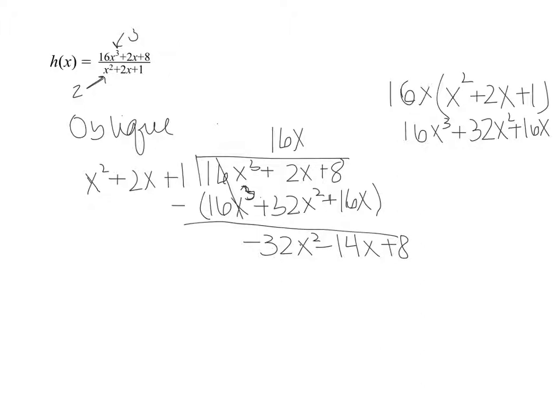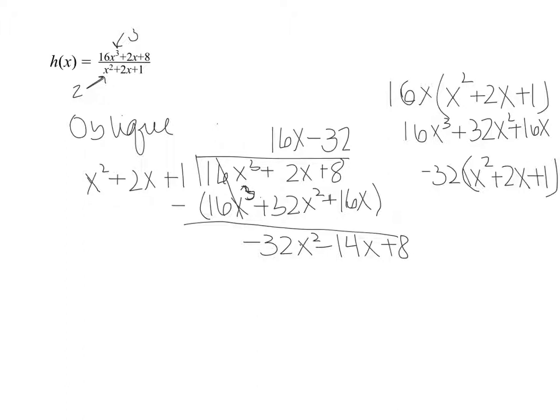Okay. Now we need to do negative 32x squared divided by x squared, which is going to give us negative 32. And just like our first step, we're going to multiply it by what we're dividing by. So negative 32 times x squared plus 2x plus 1.